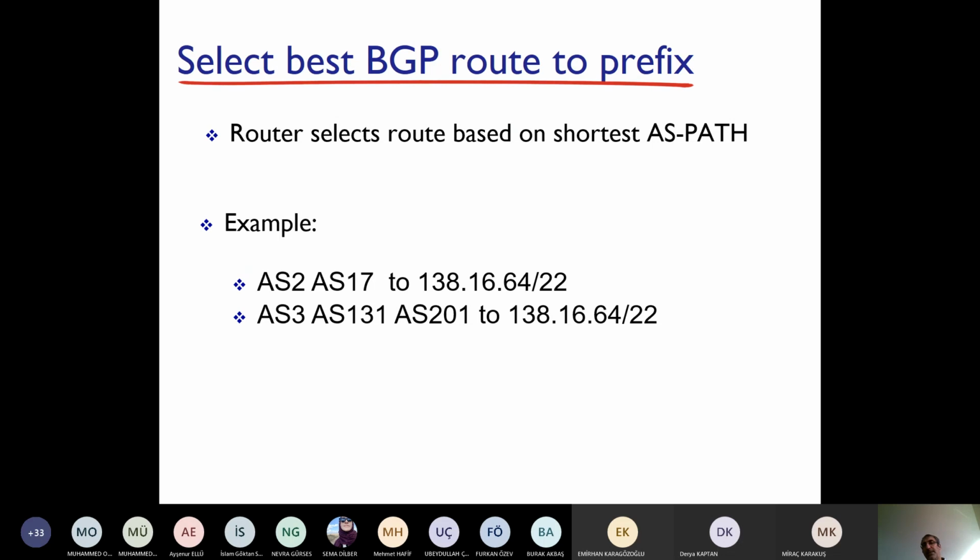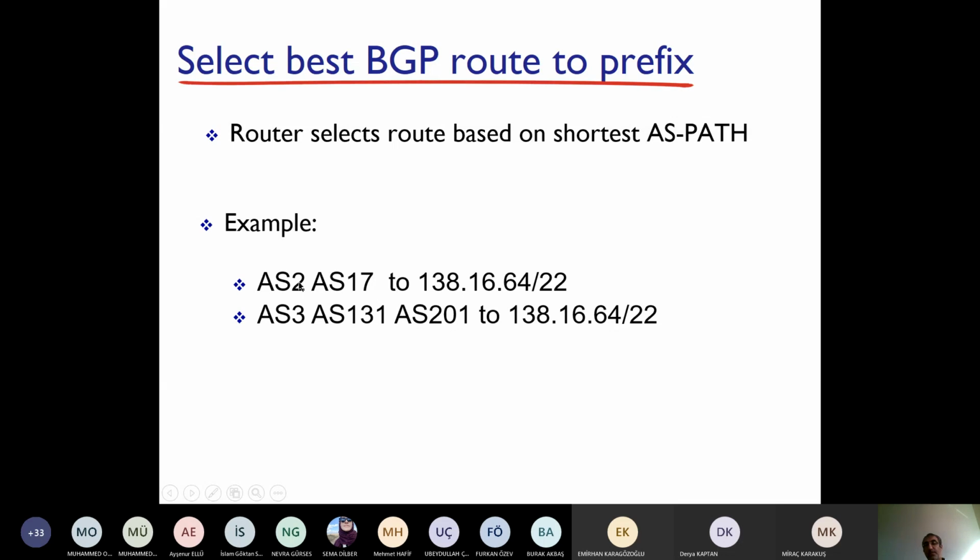Remember we said how we're going to select the best BGP route. We mentioned four criteria. One of them was, remember, route selection based on the shortest AS path. For instance, if you have two paths, one path has these attributes, AS2, AS17, and the other one has AS3, AS131, AS201.